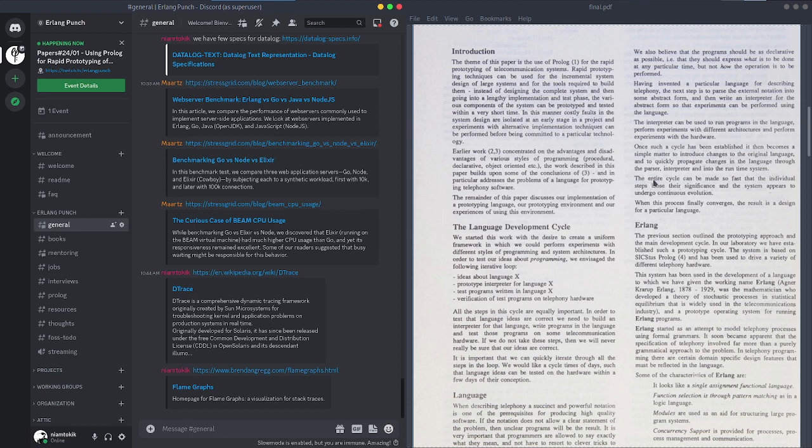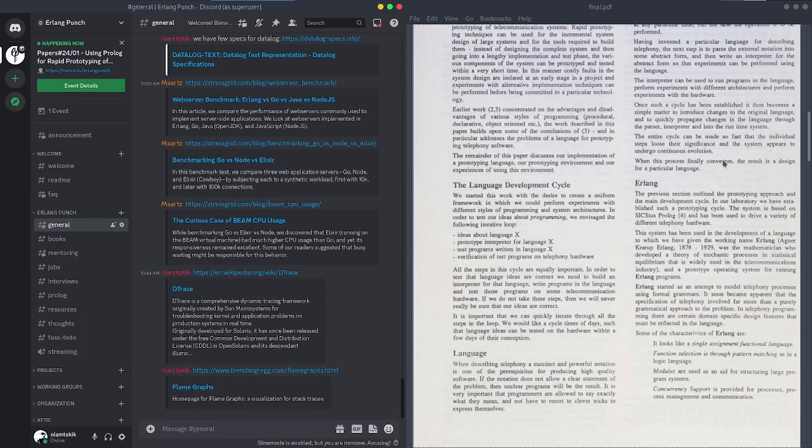The entire cycle can be made so fast that the individual steps lose their significance and the system appears to undergo continuous evolution. When this process finally converges, the result is a design for a particular language.